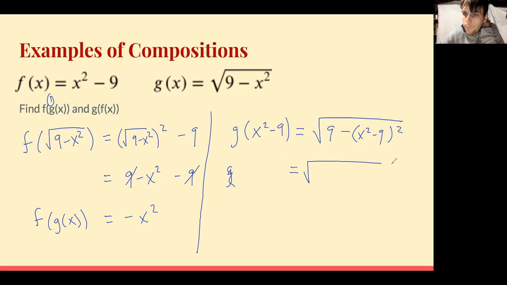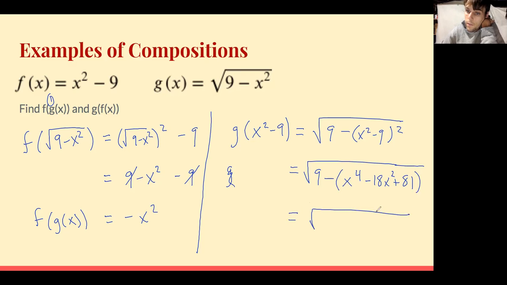Okay, so here we go. That's going to be 9 minus, x to the 4th minus 18x squared plus 81. And we are subtracting that, so we want to go ahead and distribute that. That's 9 minus x to the 4th plus 18x squared, and then minus 81.